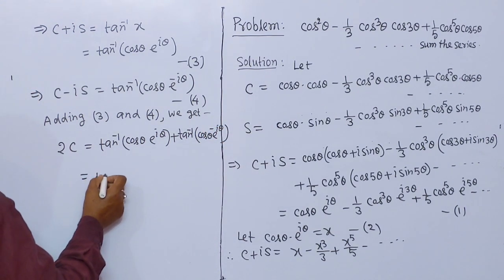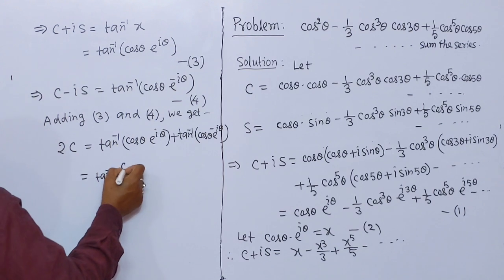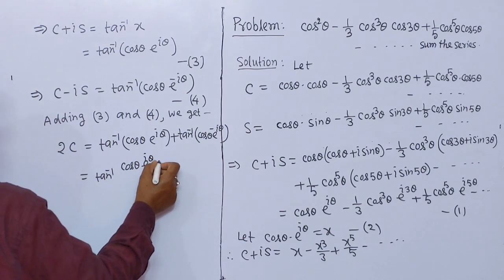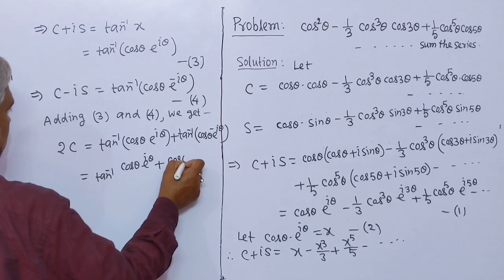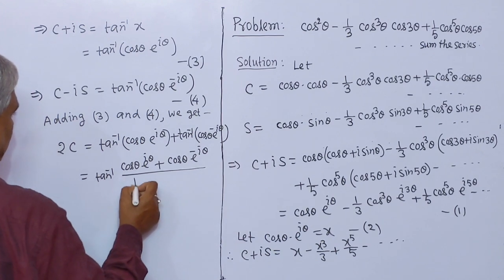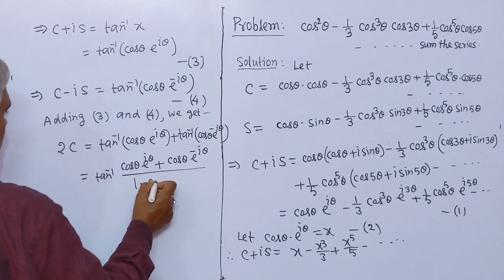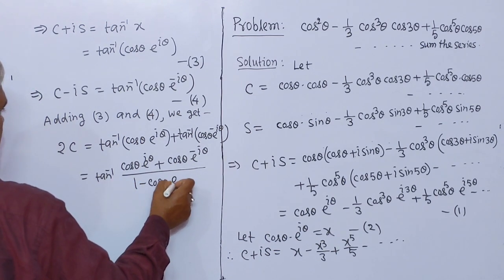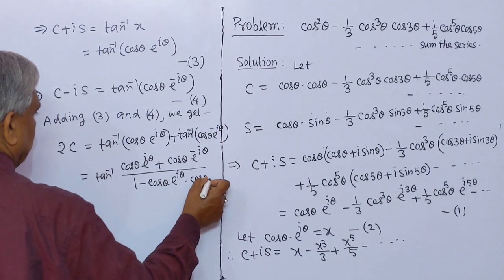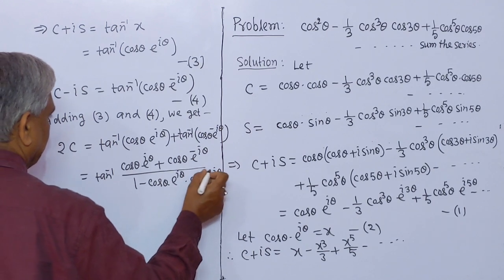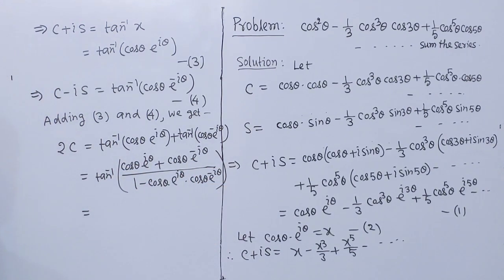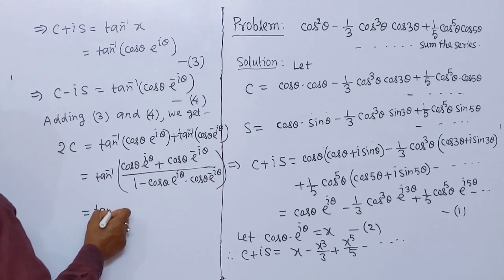This is equal to tan inverse of cos theta e to the power i theta plus cos theta e to the power minus i theta, by 1 minus cos theta e to the power i theta multiply cos theta e to the power minus i theta.